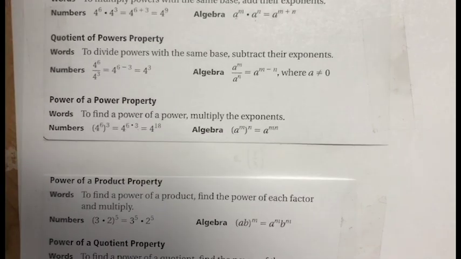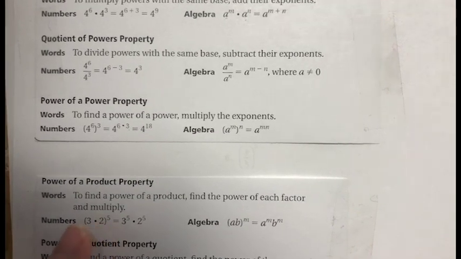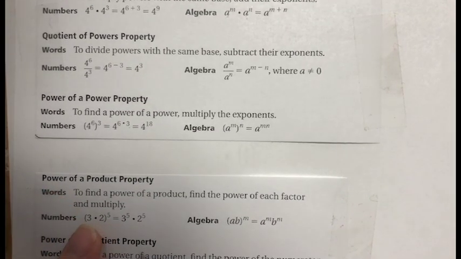Here are some more rules that you need to know. This is called the power of a product property. If I have something in parentheses like 3 times 2 and I'm raising everything to the 5th power, this is very much like the distributive property. I'm going to raise everything inside of that parentheses to that 5th power. So it becomes 3 to the 5th times 2 to the 5th.